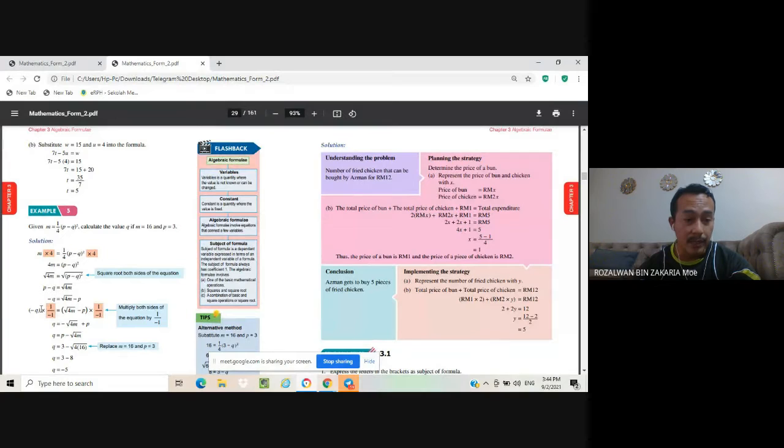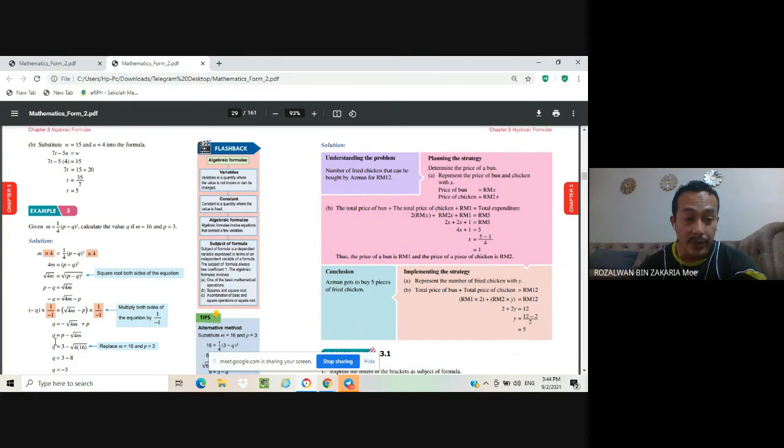This minus Q needs to multiply with 1 over minus 1, then equal to in bracket square root of 4m minus P, in bracket also needs to multiply with 1 over minus 1. Alright, so we will get Q equals minus, in bracket, minus square root 4m plus P. How to get this one actually? You do this operation, you will get minus square root 4m plus P. So this one we already get the formula, the subject is Q.